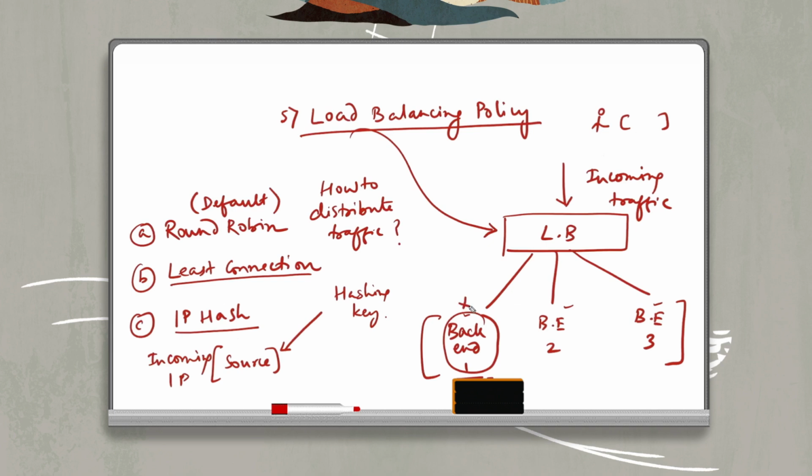Now, one thing to note here is that this load balancing policy will apply differently to TCP load balancers, to sticky sessions, to sticky HTTP, and non-sticky HTTP. So these are the 3 load balancing policy types.